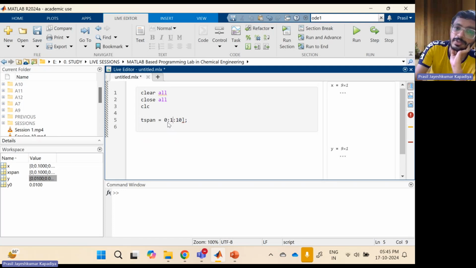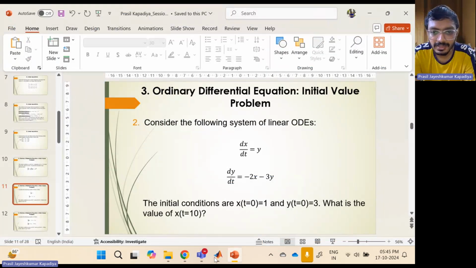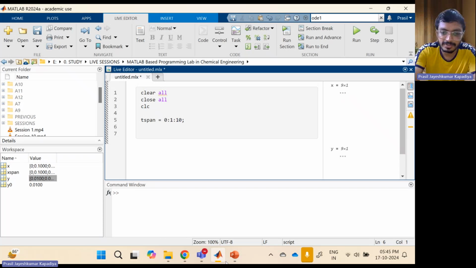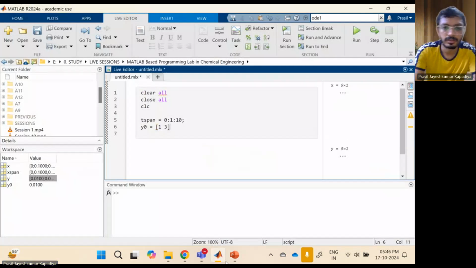So we can remove it, but even if we keep it, it doesn't matter. tspan is given to us. Now the initial guess. The initial guess is 1 and 3. So I will write y0, for the first variable x it is 1. Initial guess, not initial condition, I'm sorry. And for the second variable, that value is 3.